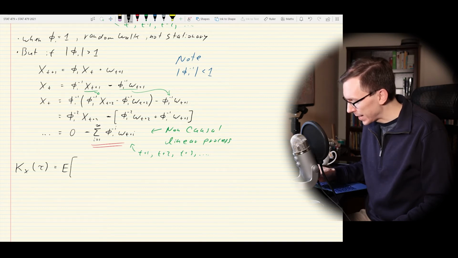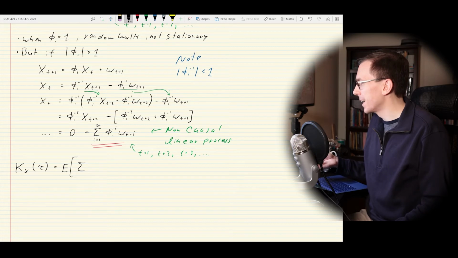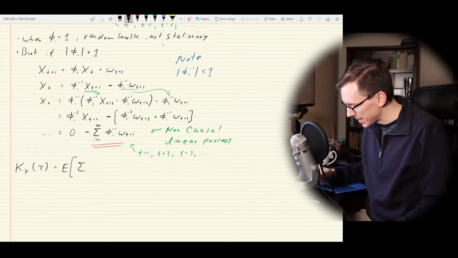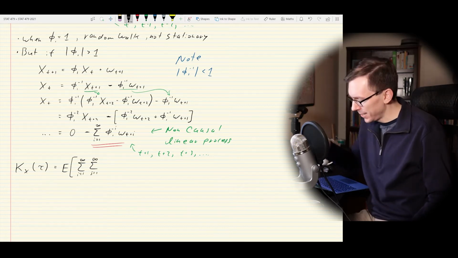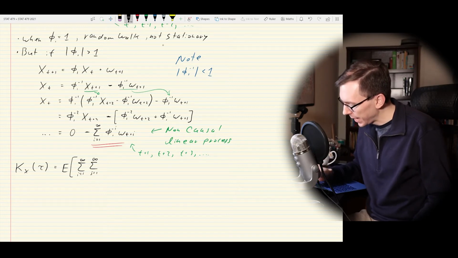So when we do that, we end up with a double sum. The two negative signs cancel out, because we'd have minus and minus. So we're going to take, let's say, i from 1 to infinity, and j from 1 to infinity. And then we're going to have two things.